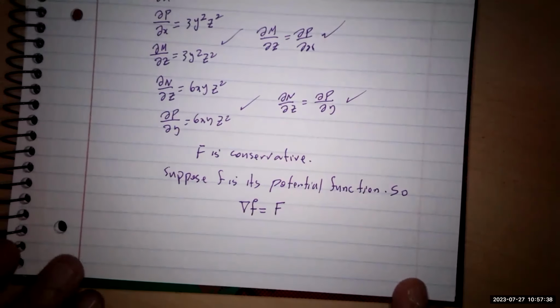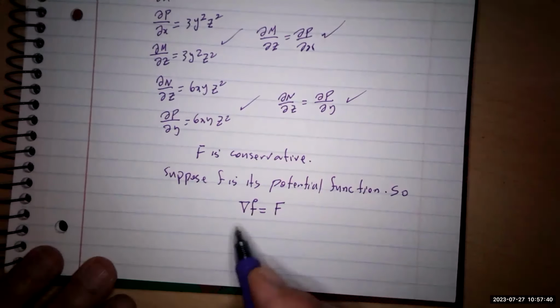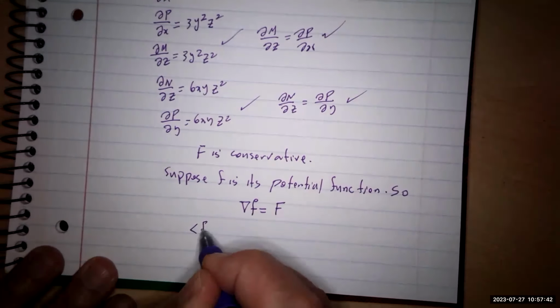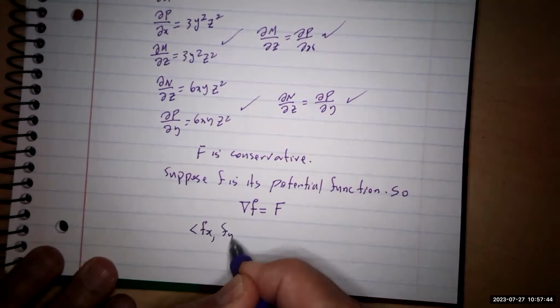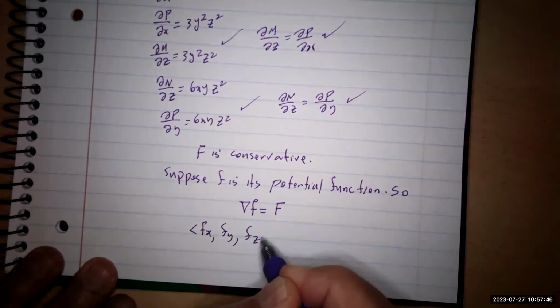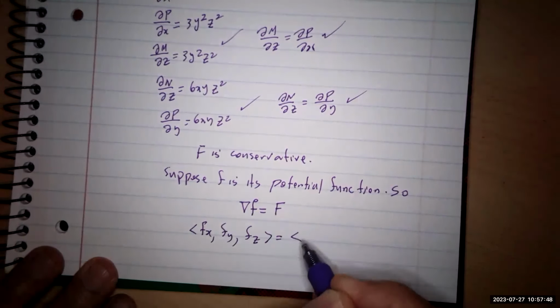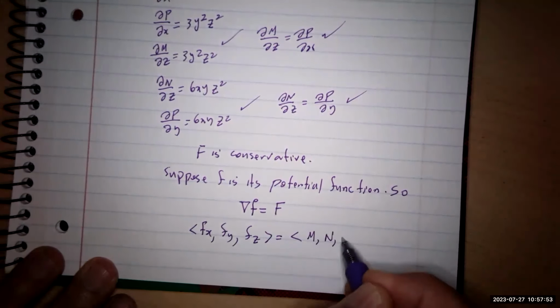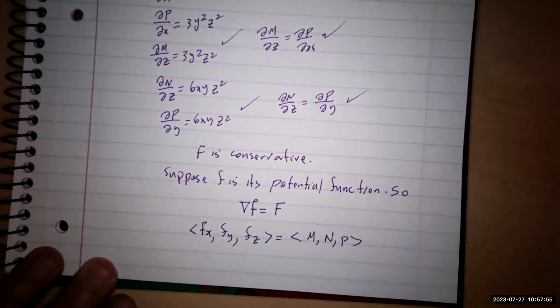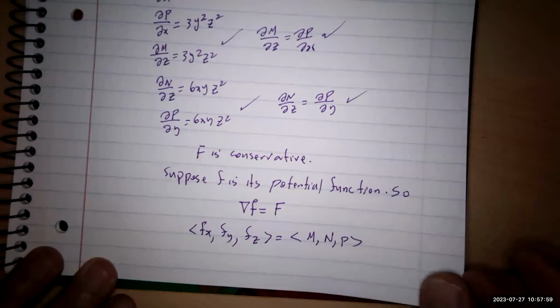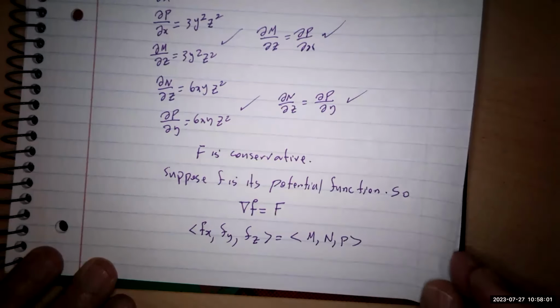So we're going to let the partial with respect to x, partial with respect to y, partial with respect to z, be equal to your function M, N, P. You let them be equal to each other. You have a system of three equations, three variables. Then you are going to be able to solve it.